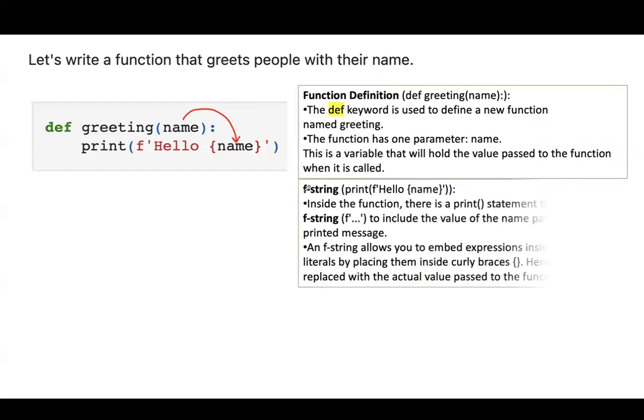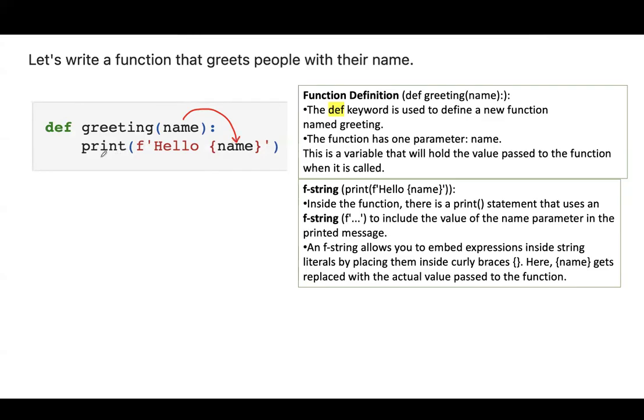Take a look. When we're talking about an f-string, inside the function there is a print statement, and that uses an f-string to include the value of the name parameter in the printed message. An f-string allows you to embed expressions inside string literals by placing them inside curly braces. So in this case, the name gets replaced with the actual value passed to the function.